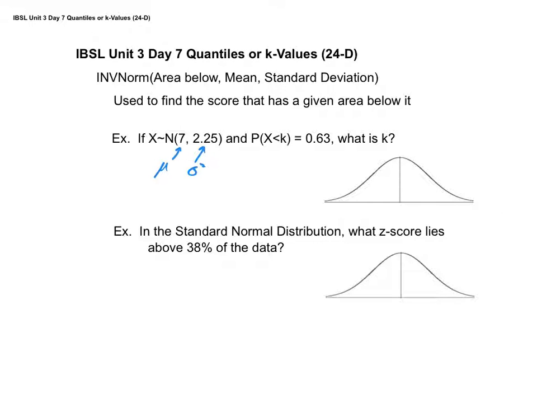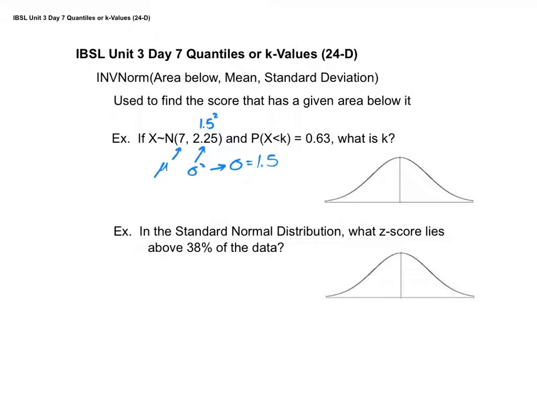What is the standard deviation? 1.5, okay? So you could write this as 7 comma 1.5 squared to help yourself out a little bit, okay? So our standard deviation in this case is therefore 1.5. Okay? Now, it says the probability that a random variable x is less than a value k is 0.63.